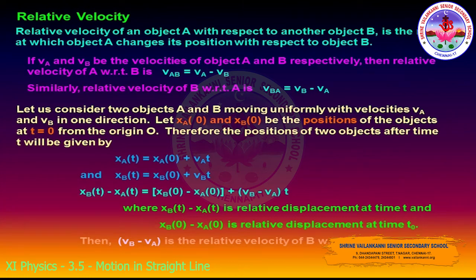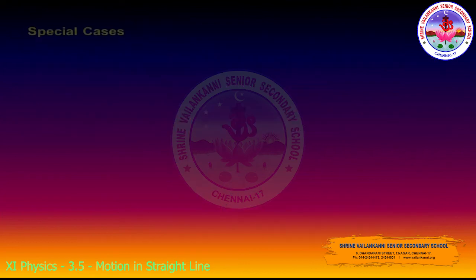VB minus VA is the relative velocity of B with respect to A.